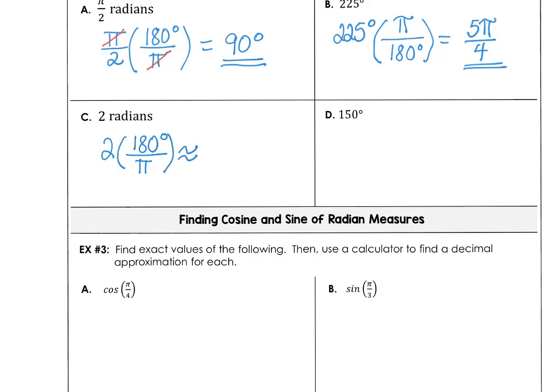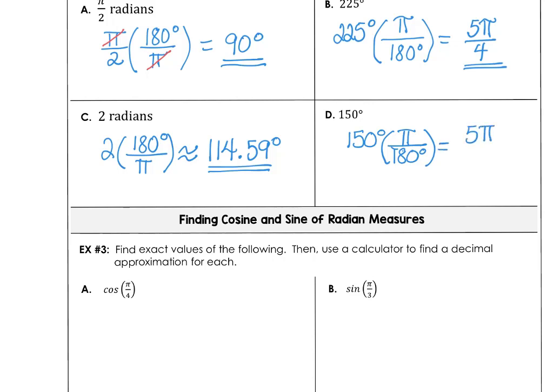So 2 times 180, that's 360, divided by pi is roughly 114.59 degrees. And then part D, our last one, we're taking 150 degrees and we're turning that into a radian measurement. So pi divided by 180 gives me 5 pi over 6 radian measure.